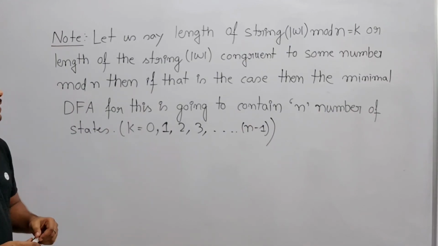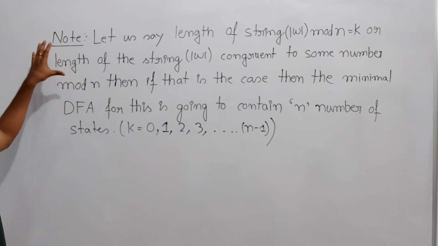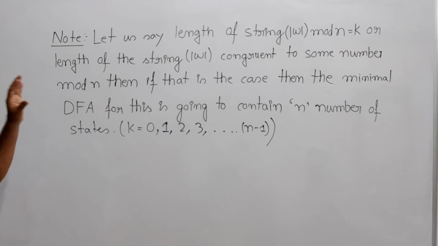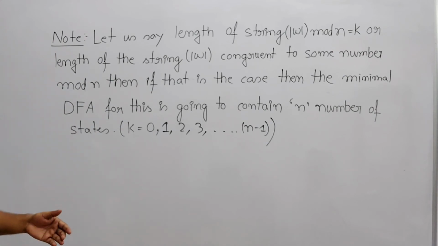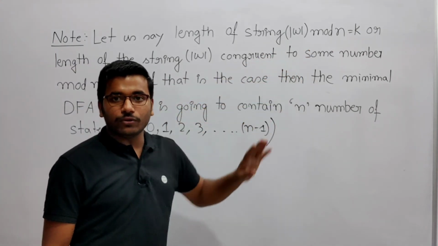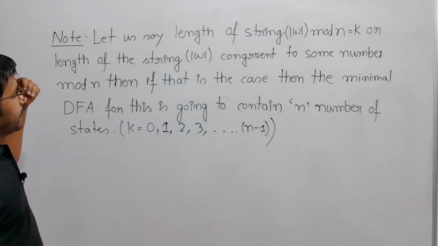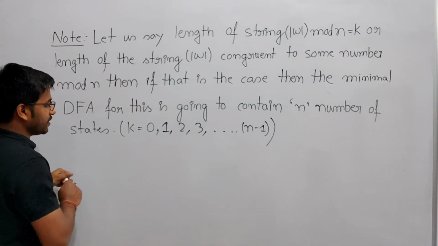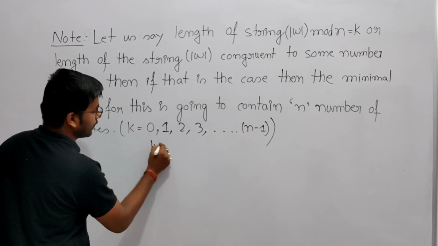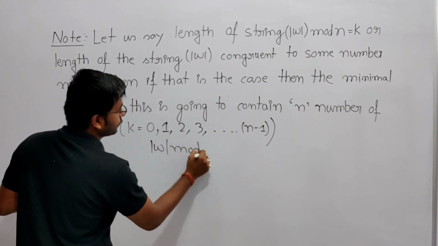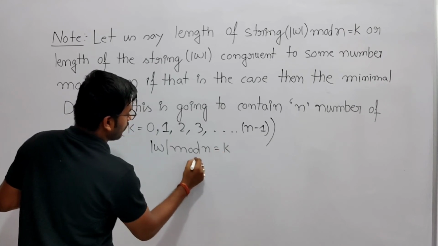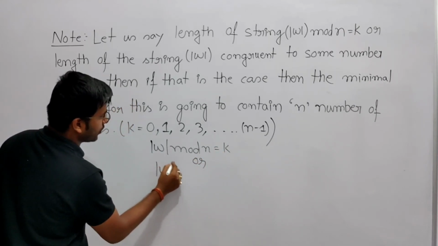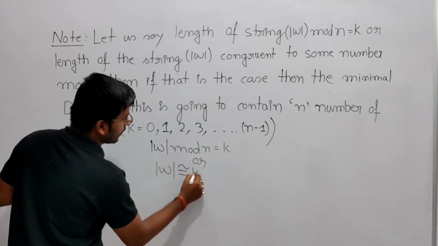This you can write. Okay, so I have written the conclusion. It says that let us say length of the string mod n is equal to k, or length of the string congruent to k mod n.